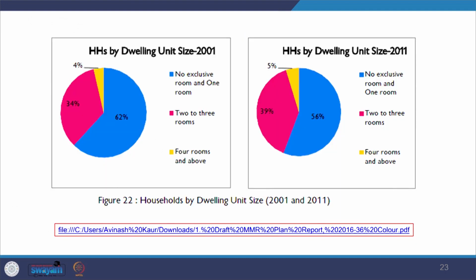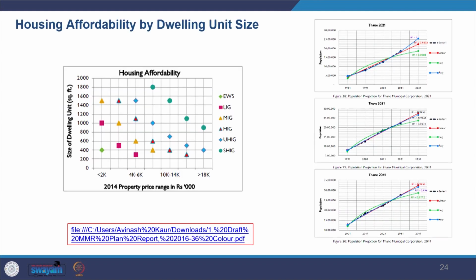Likewise, you can see household by dwelling unit size indicated by a pie diagram. You can also see housing affordability, which they have analyzed, and then the population projection for Thane area on the right-hand side, for 2021, 2031 and 2041.